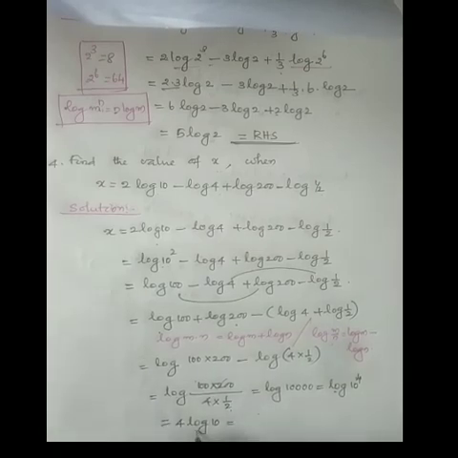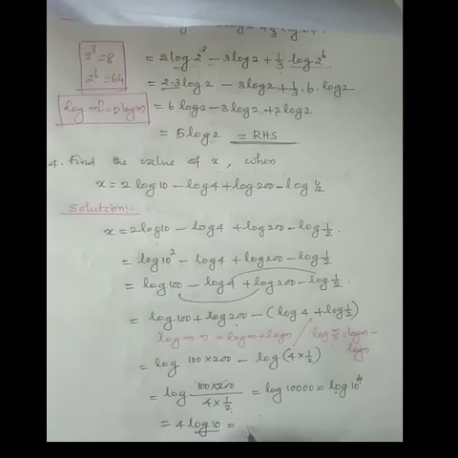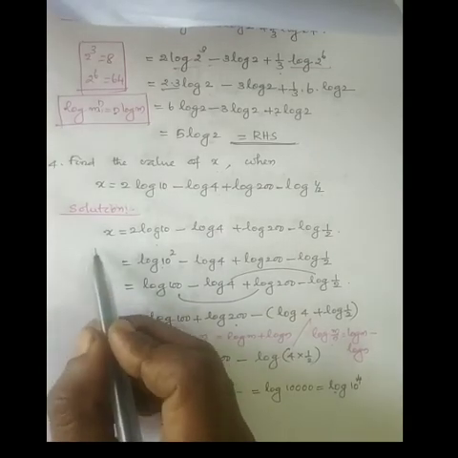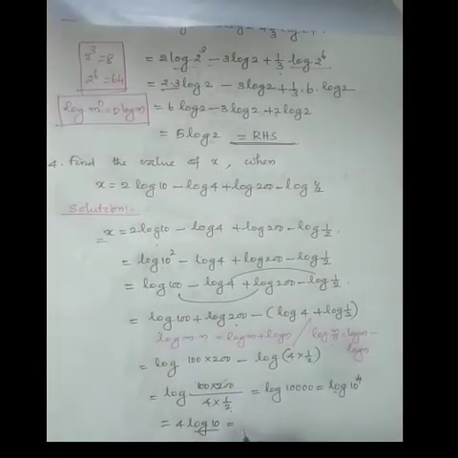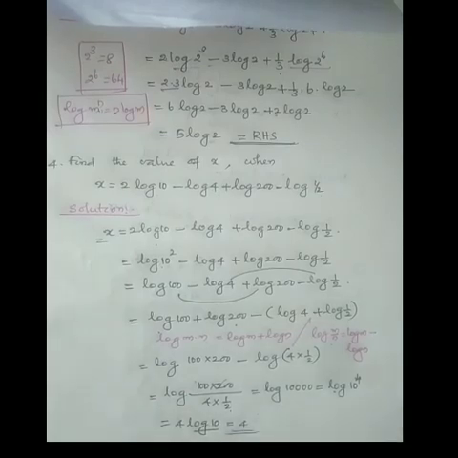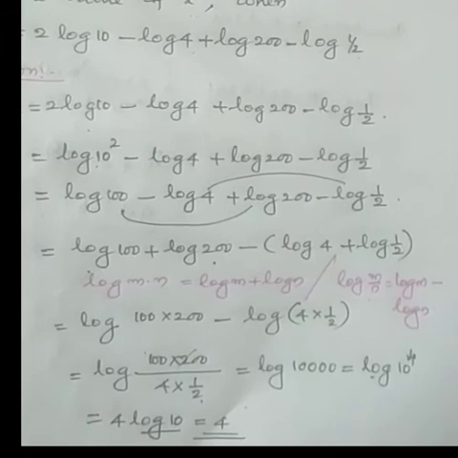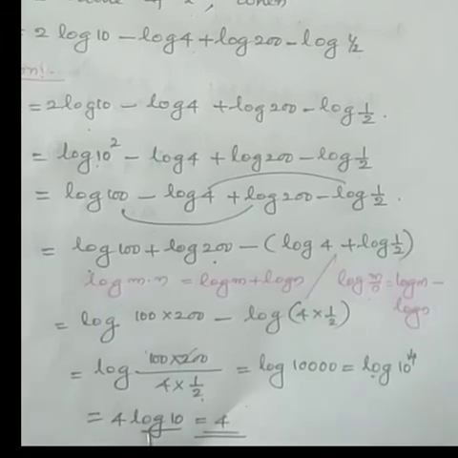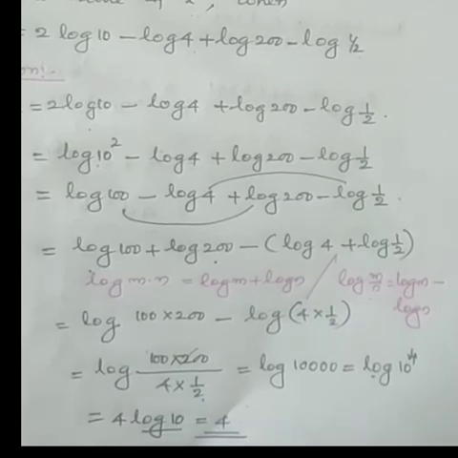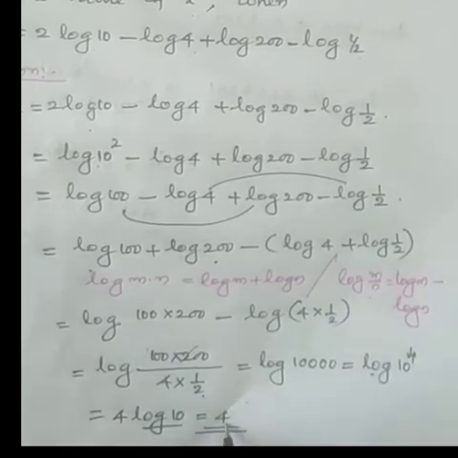We know that log 10 is equal to 1, and the value of x is equal to 4. See, log 10 to the base 10 is 1, so this is 4 log 10 to the base 10, which is 1, so the answer is 4.